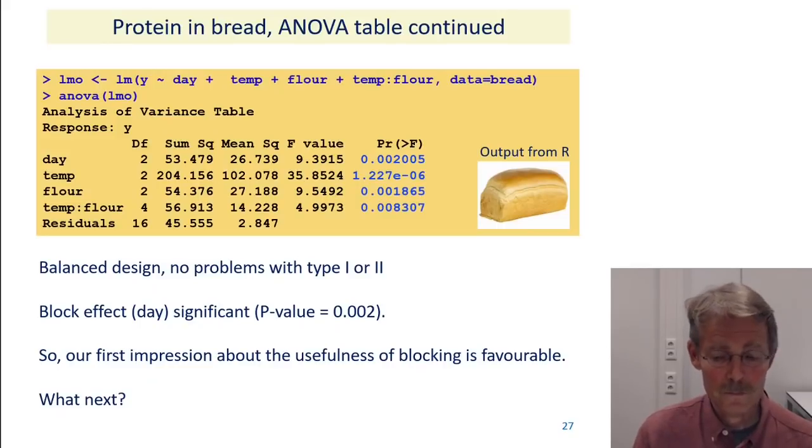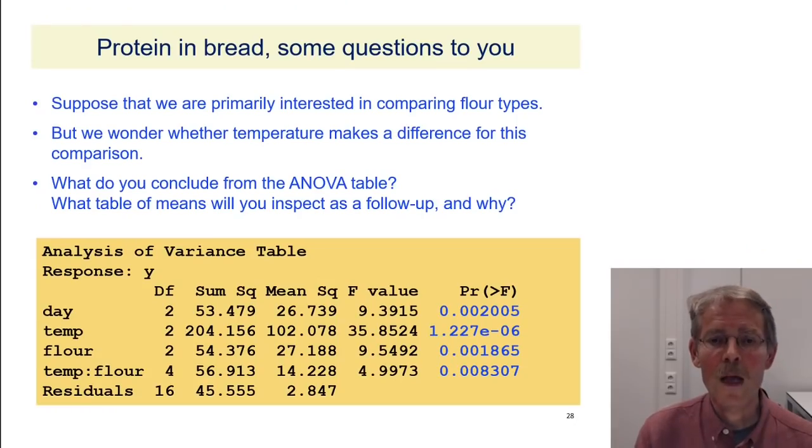What next? Well, next we're going to look at test results and maybe pairwise comparisons. Okay, suppose we are primarily interested, as I told you before, in comparing flour types, but we included the temperatures because we wonder whether temperature makes a difference for this comparison between flour types. That's about interaction, basically. What would you conclude from this ANOVA table? Question to you.